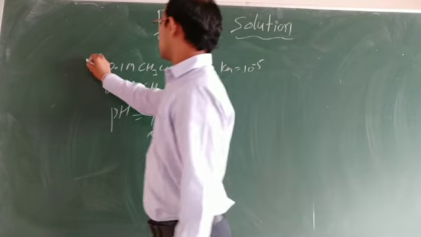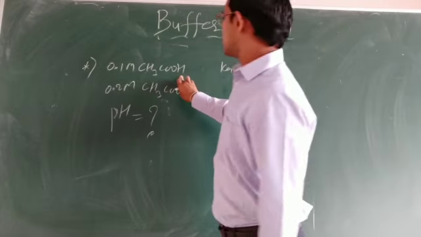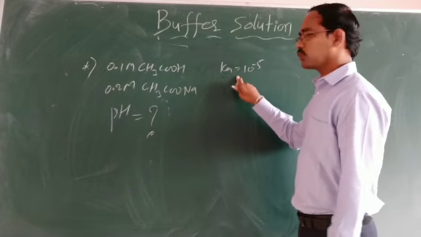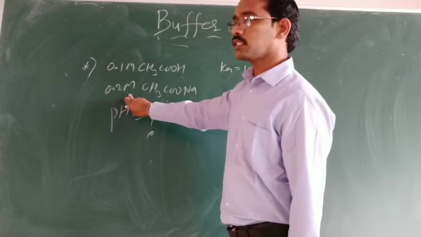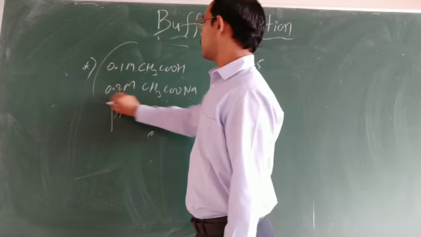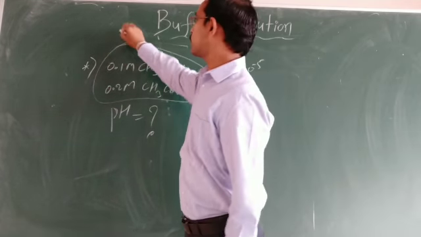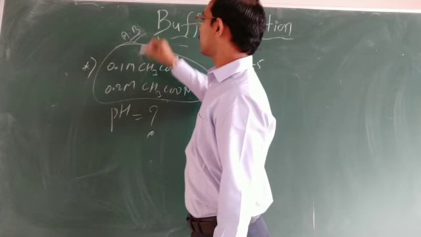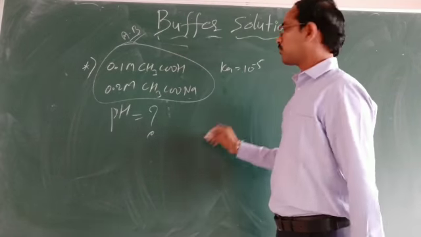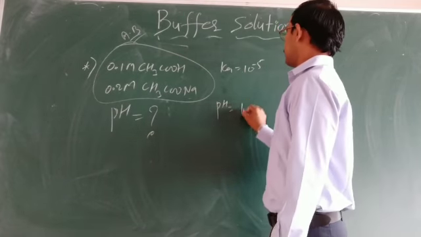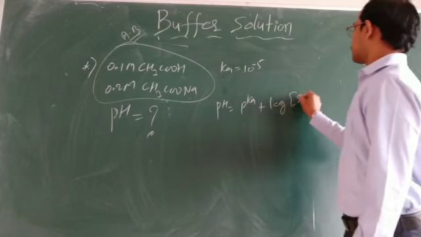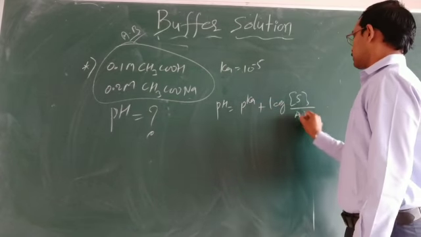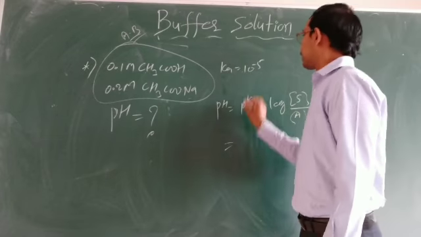So here the weak acid concentration is given, the dissociation constant is also given, and the weak acid salt concentration is also given. So it looks like a buffer solution. Which buffer is this? Acidic buffer. Then the acidic buffer pH formula is pH equals pKa plus log salt concentration by acid concentration. Just substitute those values. Ka is this one.